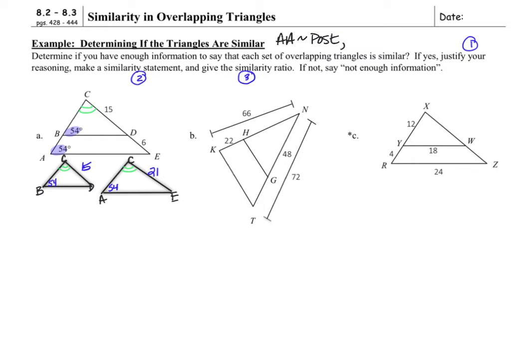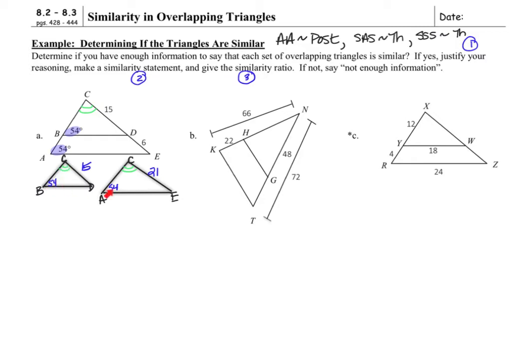We also have the side-angle-side similarity theorem, which states if one angle of a triangle is congruent to an angle of a second triangle, and the sides have the same ratio and are proportional, then the triangles are similar. The last one we have is the side-side-side similarity theorem. For that one, all sides have to have the same ratio.